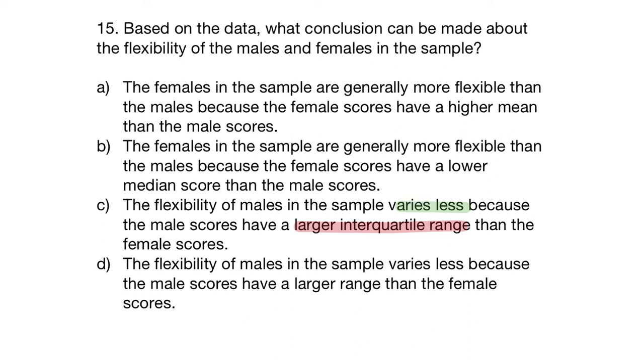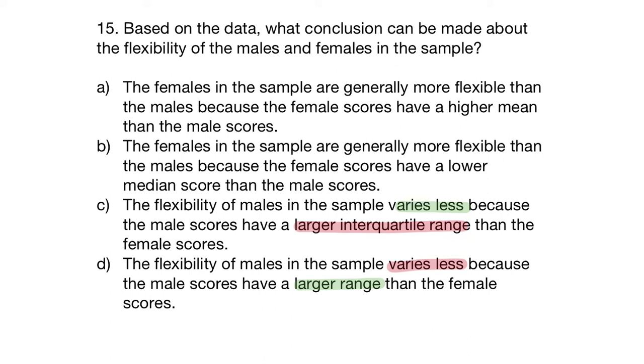Well, this question's saying that it varies less, but it has a larger IQR. Those words have to match when we're talking about variability. They don't match. If I look at D, the sample varies less because the male scores have a larger range.